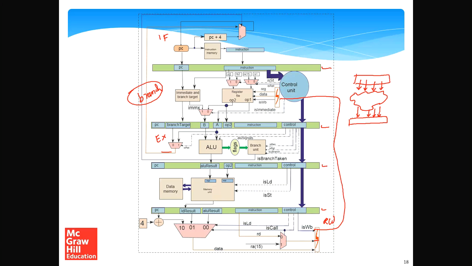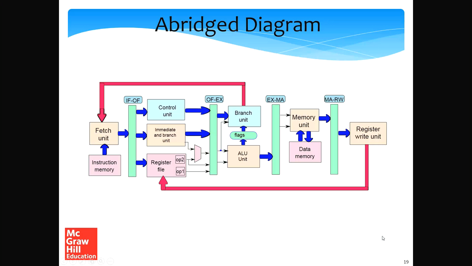These are the only two examples, and they need to be kept in mind. The rest of the circuit is the same. The previous diagram was pretty complicated, so we shall not be using that in most of our discussion. We shall rather be using this diagram, which we call an abridged diagram. The abridged diagram is fairly easy.